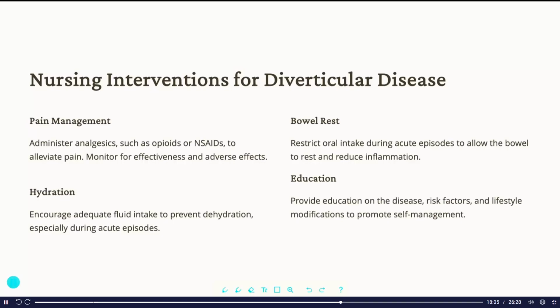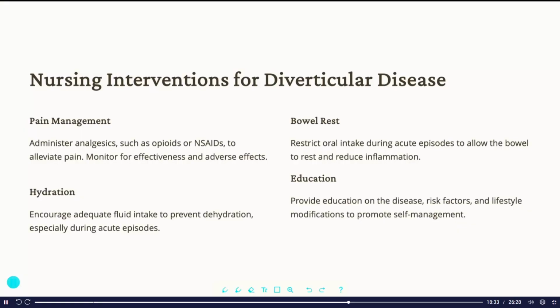And then you have mag citrate, which is an osmotic solution. So that works really quickly to draw fluid into the intestine, and that can work anywhere from like 20 minutes or so to like 3 hours. Again, whatever treatment is happening is going to depend on the severity of the condition.